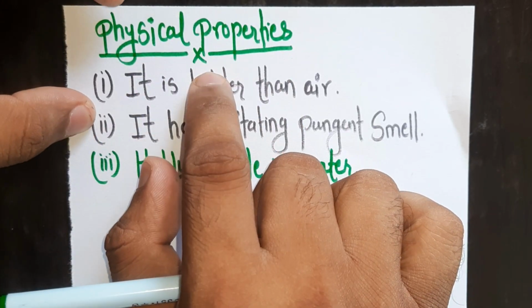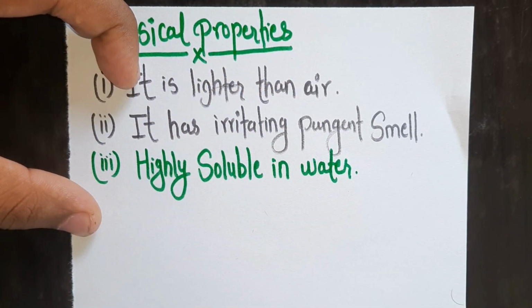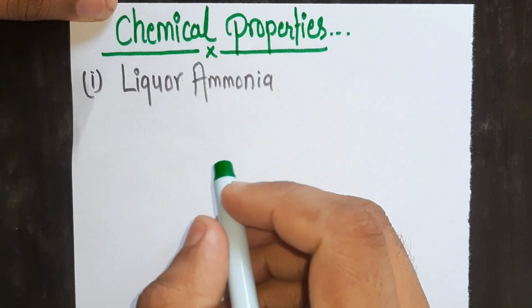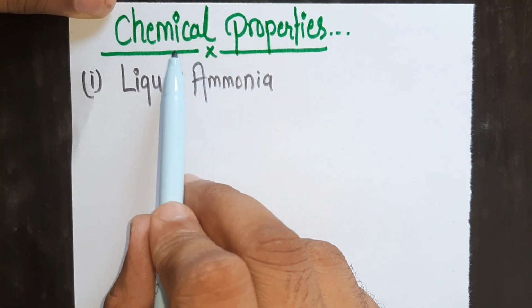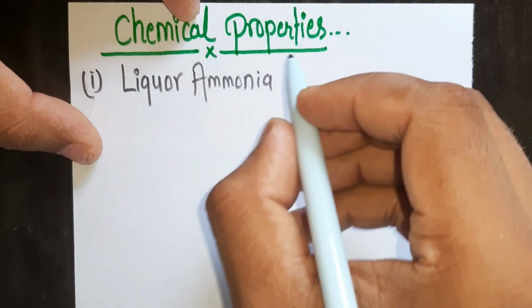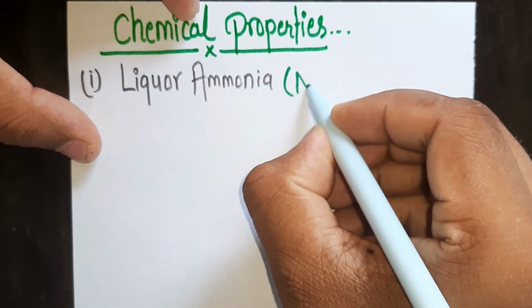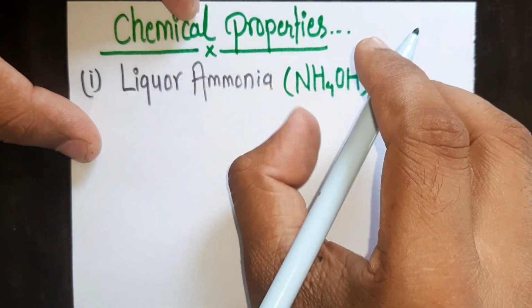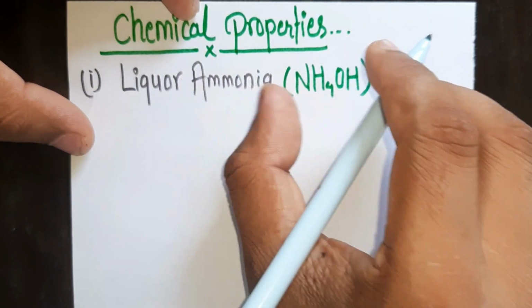Okay, now let's enter into the next point, the chemical properties of ammonia. The first point here is liquid ammonia. Liquid ammonia means NH4OH, which is ammonium hydroxide.